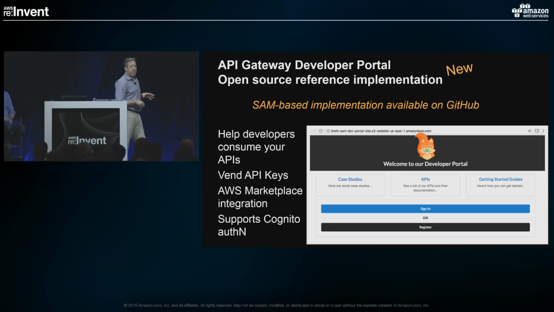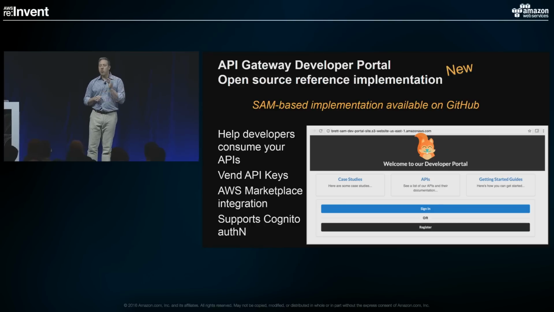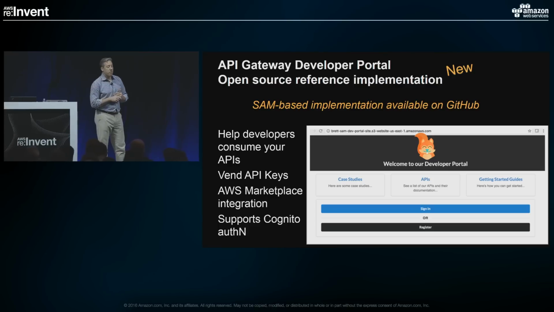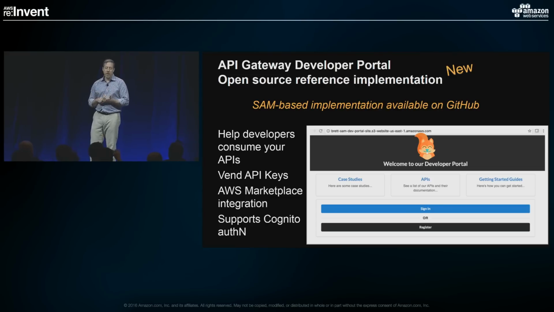Now, as part of that, you need a way to distribute API keys. And so we've also released today an open source reference implementation for a developer portal for API Gateway. It helps developers consume your APIs. It gives you a stock way of vending out API keys through a user interface and with Cognito integration.